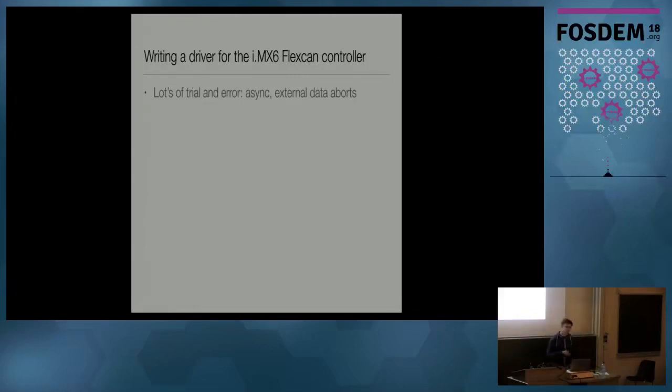So then we had an unfortunate situation with our system configuration, which converted these external data aborts to a page fault, which was sent to our driver component. So the region manager then thought, okay, there is something mapped, so everything is fine, and resumed operation, and the external data abort immediately hit again, was converted to a page fault, so we were basically in an endless loop, and the system was hanging.